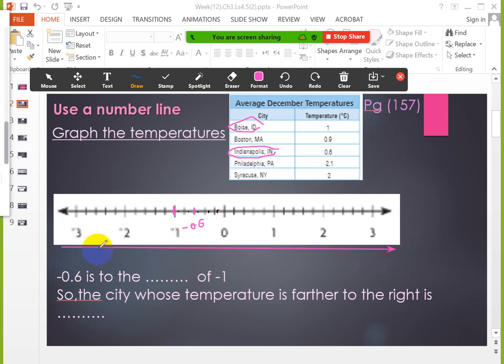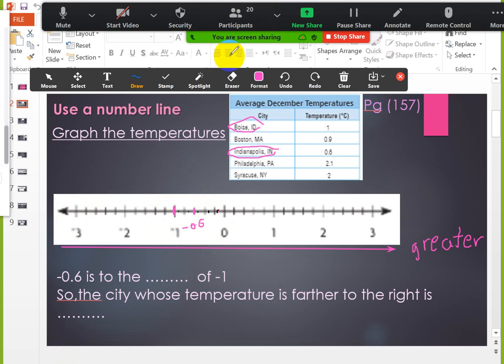When we follow this direction, the numbers become greater, as we said. You remember that? So which one is greater? I have here -1, here -0.6. That means -0.6 is on the right side of -1, so this number is greater than this number. Okay?